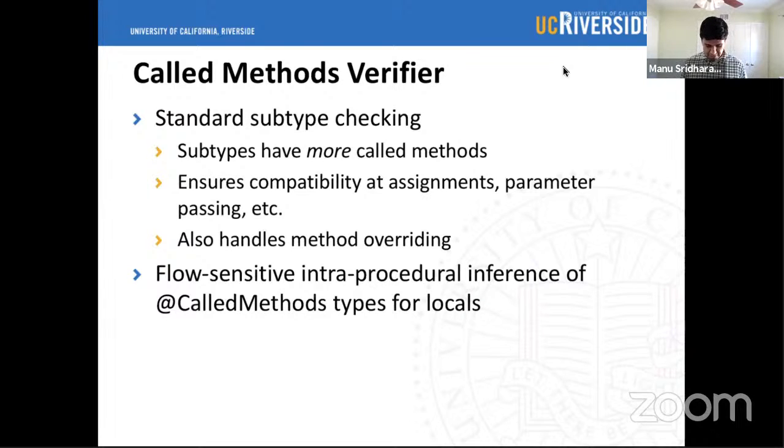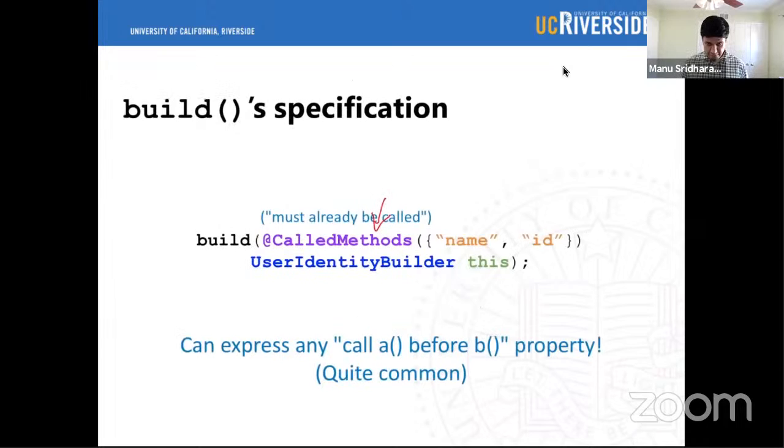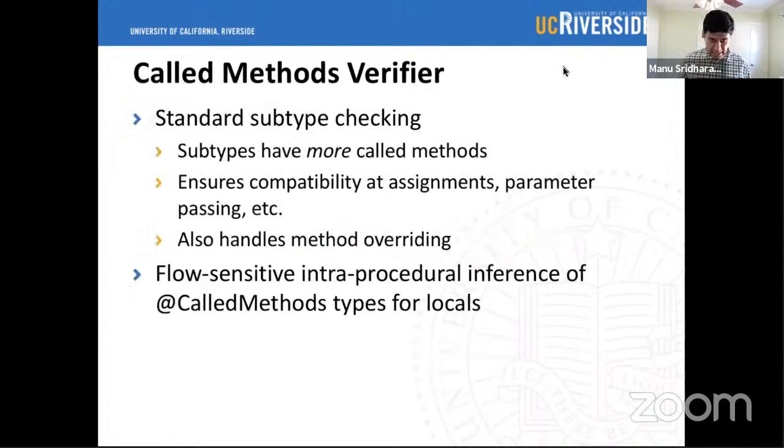So in other words, that will ensure that when you invoke this method, whatever you're passing in as the receiver should be a subtype of called methods of name and ID, which means that you can have invoked more methods like nickname on that object, but you should definitely have name and ID there. So this is built into the checker framework. We didn't have to write any code here. So this ensures compatibility at all kinds of assignments and also handles method overriding soundly.